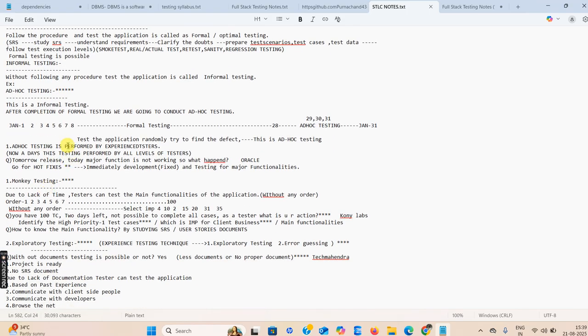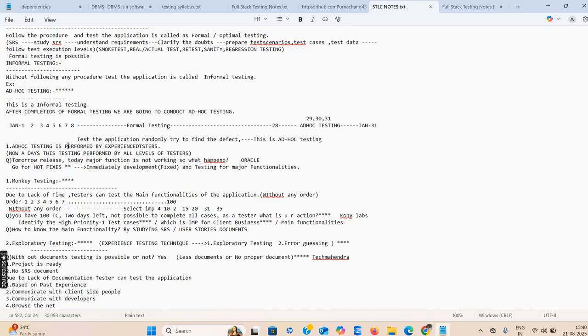Ad hoc testing is conducted by experienced testers, who test the application and try to find defects. Testing the application randomly and continuously to find defects is called ad hoc testing. Previously it was performed only by experienced testers. Nowadays, it is performed by all the testers. That is called ad hoc testers.